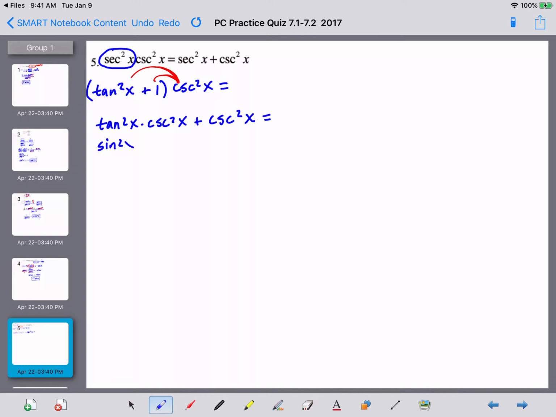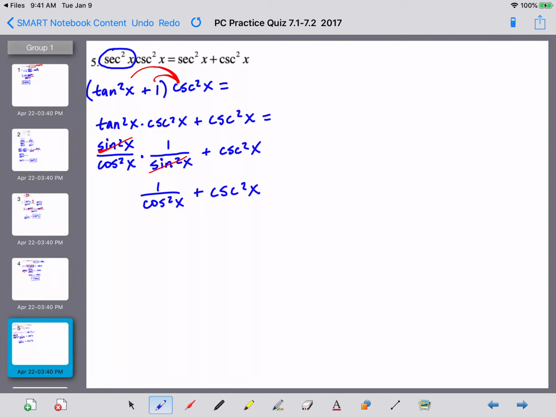So this is sine squared x over cosine squared x times 1 over sine squared x. Then we'll leave this cosecant squared x alone right here. All right, so notice these sine squared x's will cancel out. And we've just got 1 over cosine squared x plus cosecant squared x.